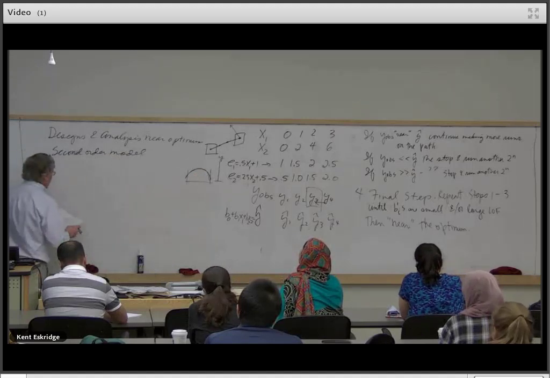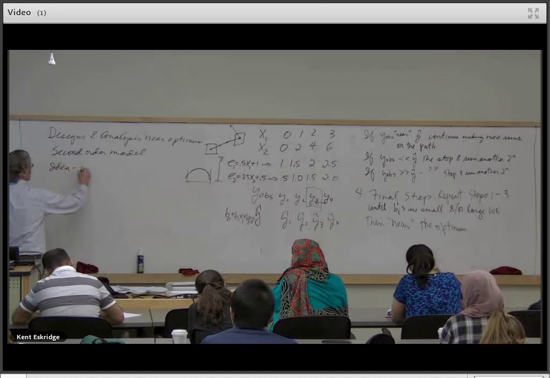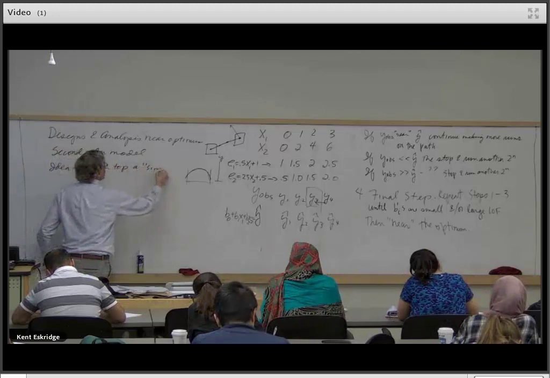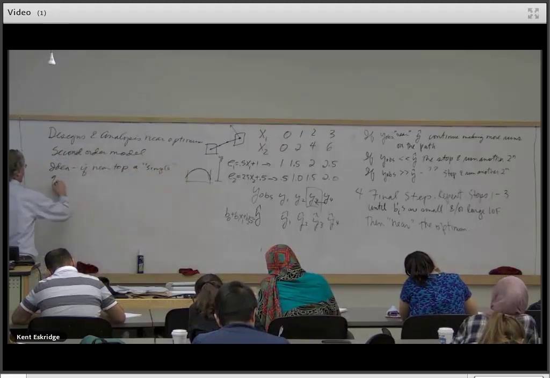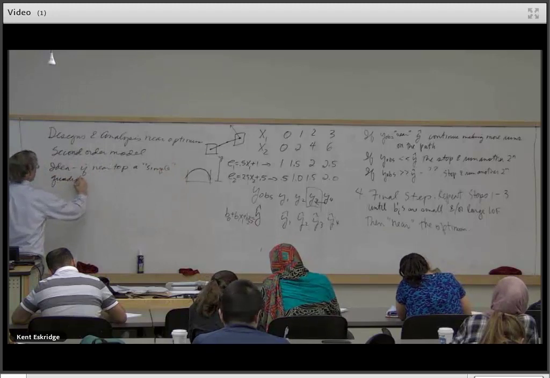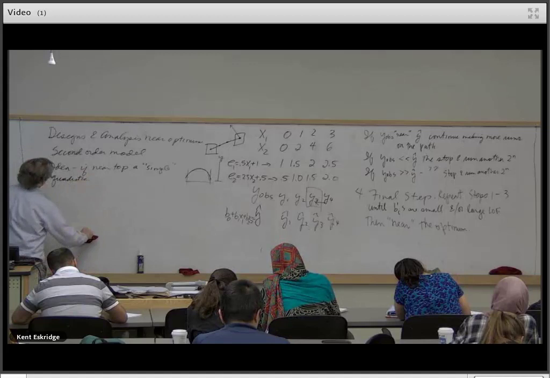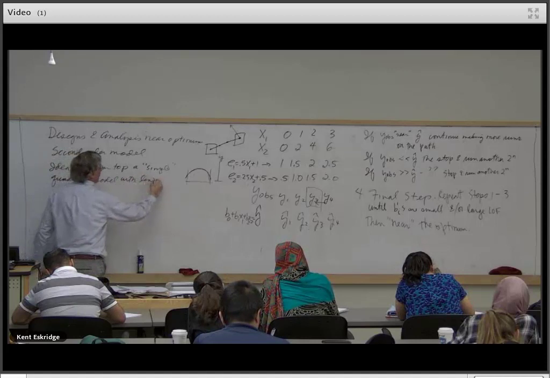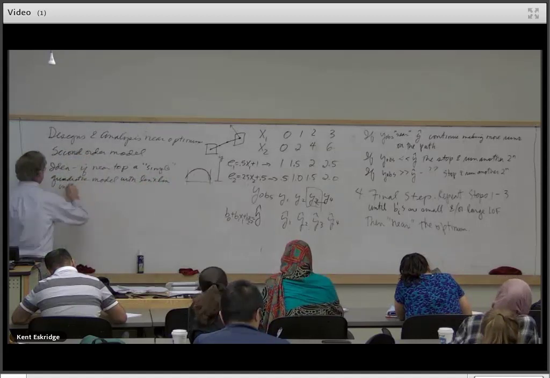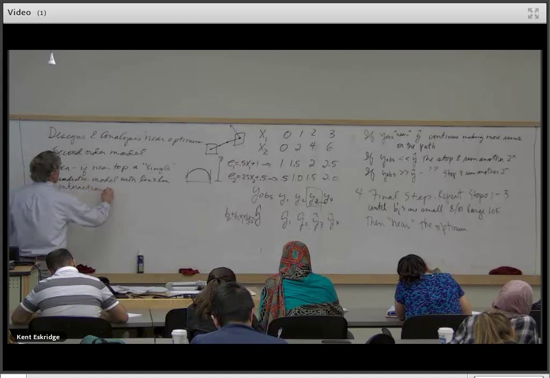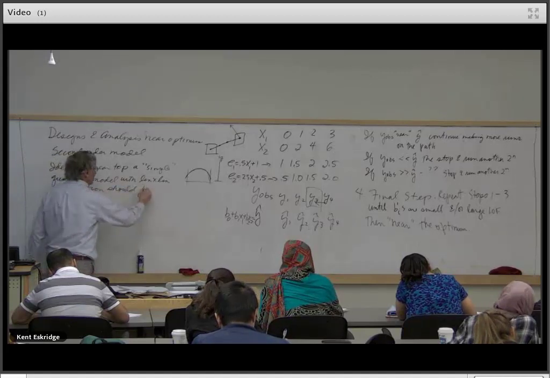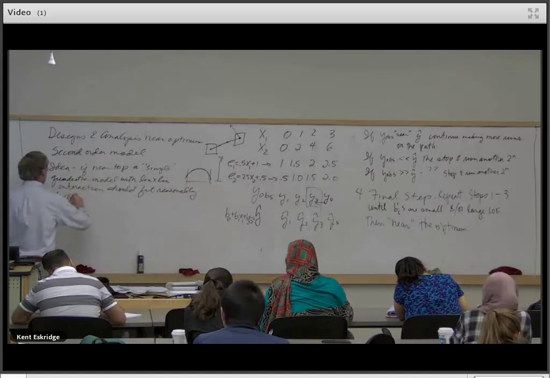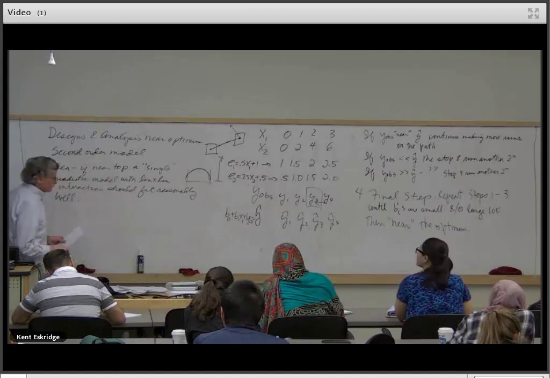And so the idea is if you're near the top, a simple quadratic model with linear bilinear interaction should fit reasonably well. So this is just a simple regression model.